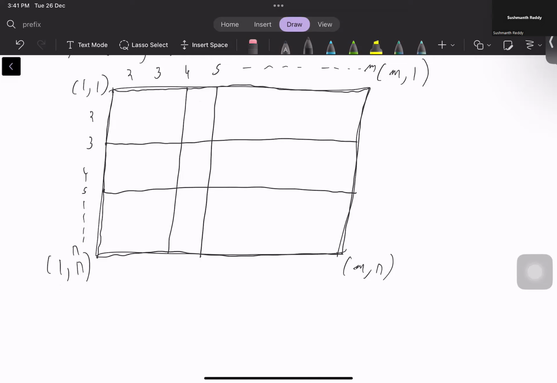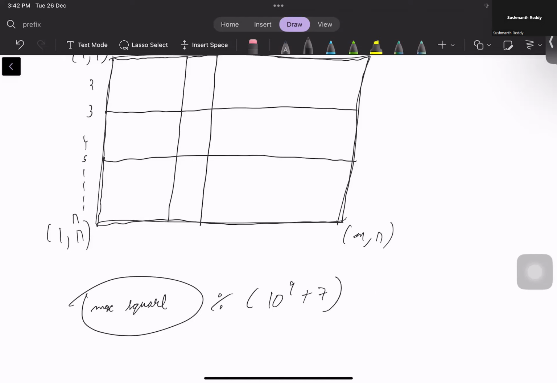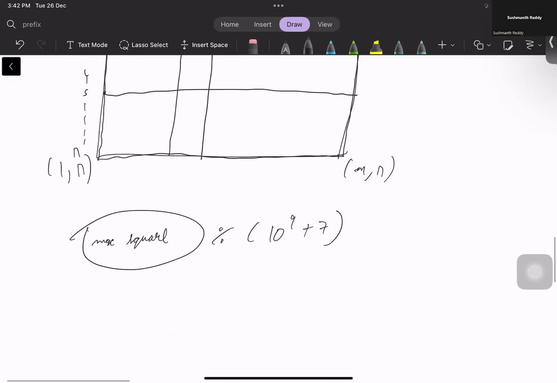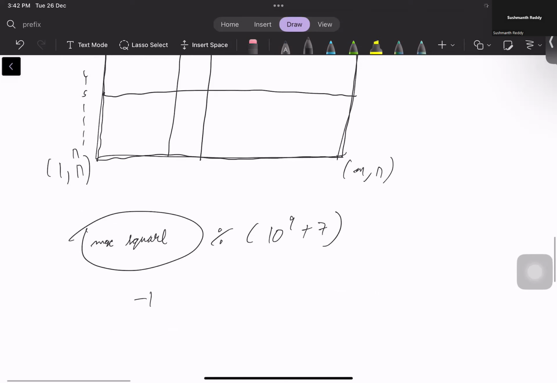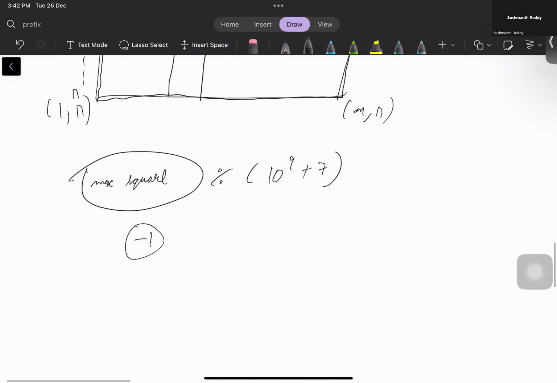One more thing: once we find the max square area, we should output it modulo 10 power 9 plus 7. In case no square can be found, we should output minus 1. So this is what the question is: we need to output the max square area.